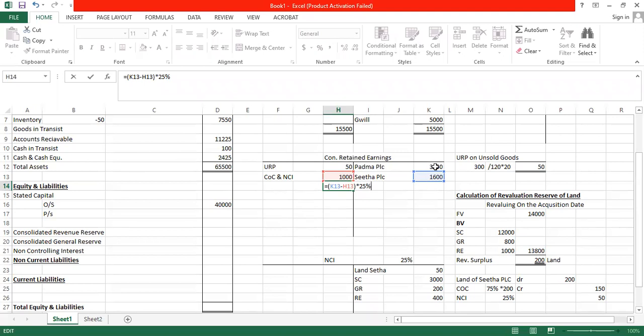So we can't take total of that 600. We only own 75%. So we have to debit that 25% non-controlling interest portion. So it's 150. We had to remove it, right? Now you can balance the account.